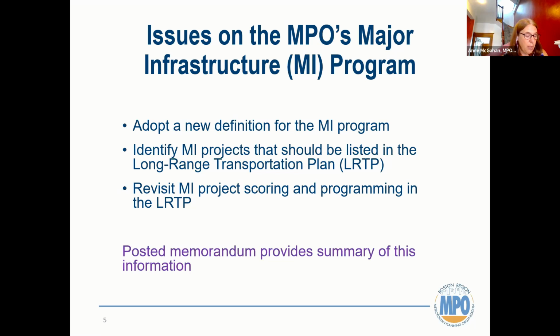This memorandum was posted for your meeting, and I'm going to go over that information and the information that was presented to the MPO, and then we can talk about where the MPO is in its decision-making process.